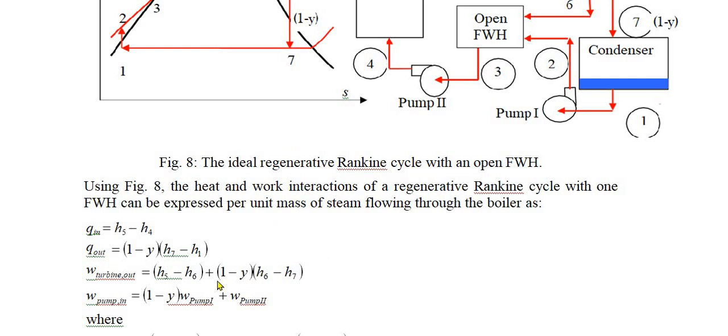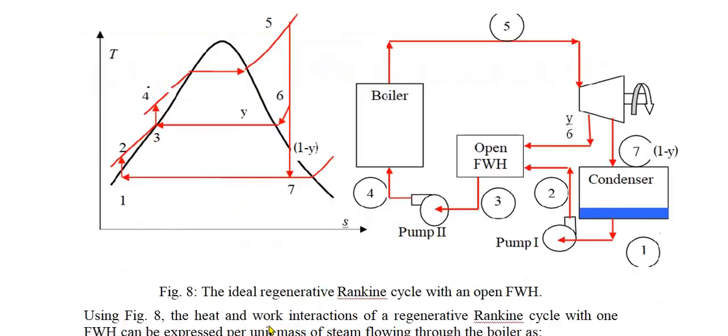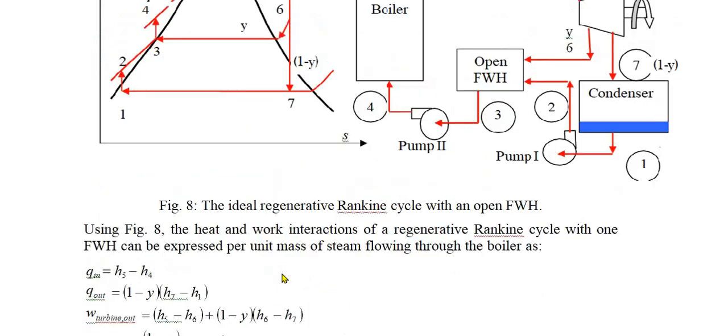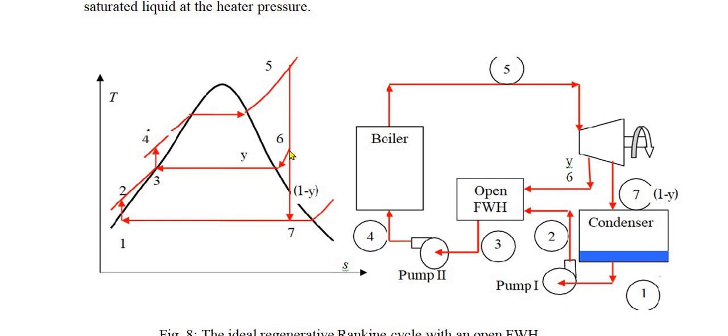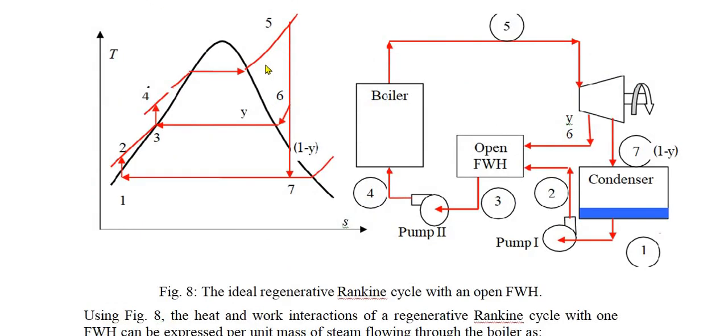Till here it is 1 kg, and from here it is 1 minus y kg. 6 to 7 is for 1 minus y kg, and 5 to 6 is for the total mass of steam, that is 1 kg. That is the work output of the turbine. And heat addition, Qin, is from 4 to 5 in the boiler.